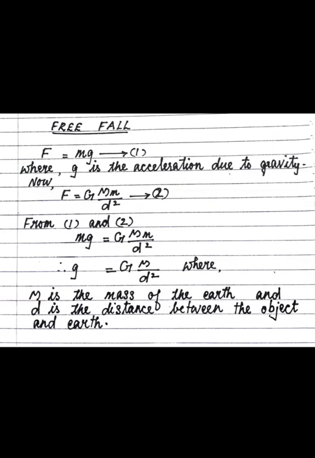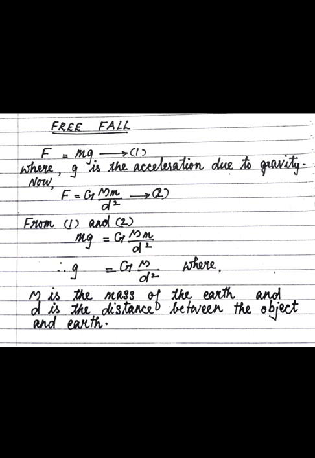What is meant by free fall of an object? We have learned that the earth attracts objects towards it. This is due to the gravitational force. So all the objects in this universe are attracted by the earth due to gravitational force.